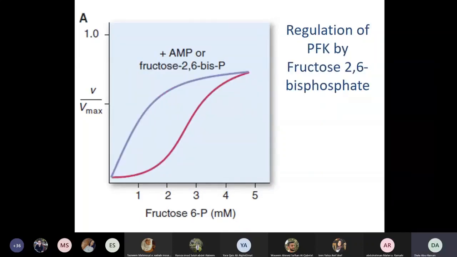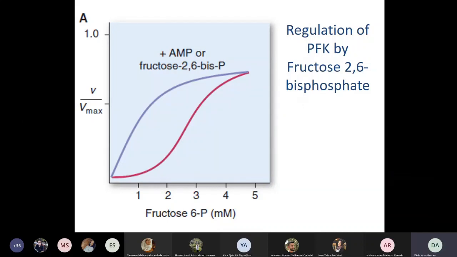This fructose 2,6 bisphosphate is produced by another phosphofructokinase. Now the phosphofructokinase, if you remember, converts or phosphorylates fructose 6 phosphate to fructose 1,6 bisphosphate. This enzyme is called phosphofructokinase number 1.